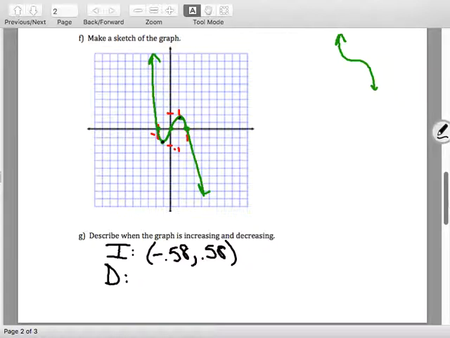I'm using the x values. It's going left forever, so x goes to negative infinity. And then it stops decreasing at the negative 0.58, the x value. Then it decreases at 0.58, and it decreases to the right forever. We're using x values.